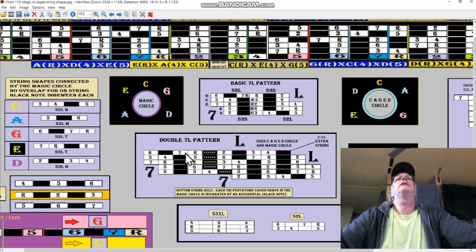So there's overlap there. See how 6, 7R shares the 7R2. So that goes up one cage shape going up. So it would go from 6, 7 root, which would be a G shape, to an E shape.